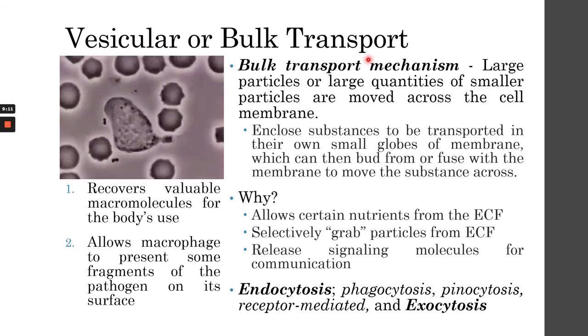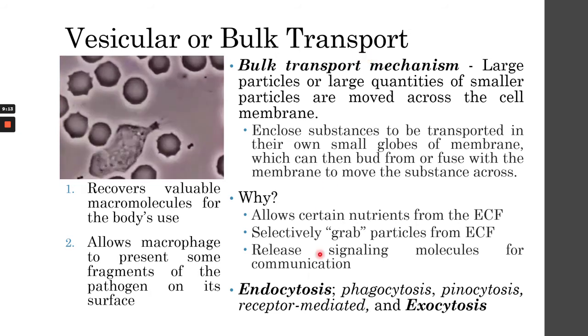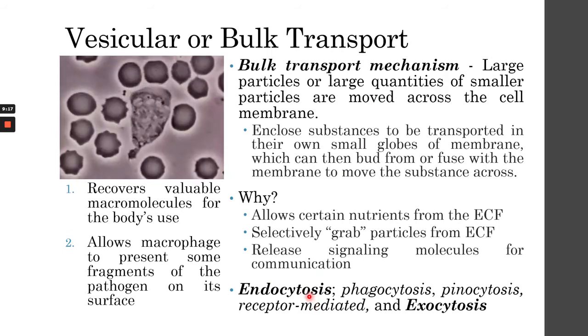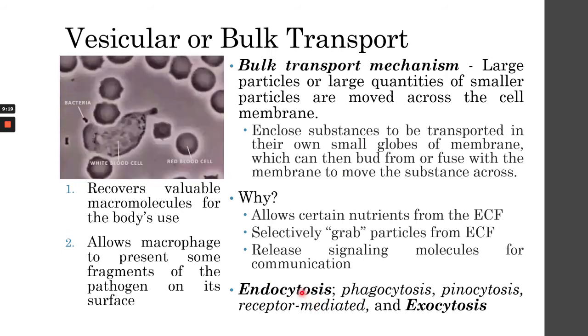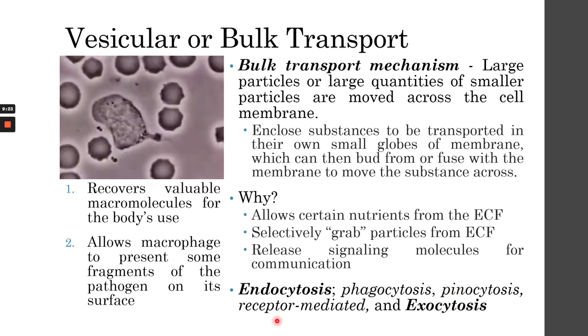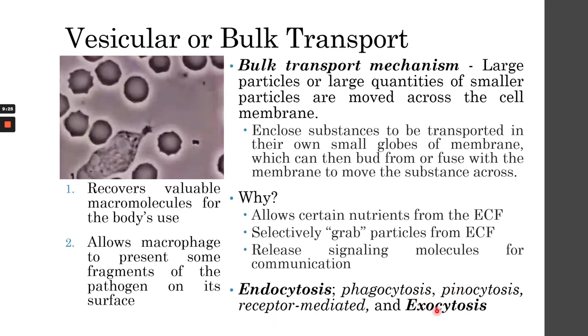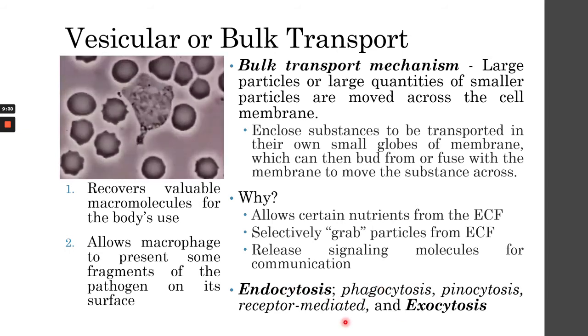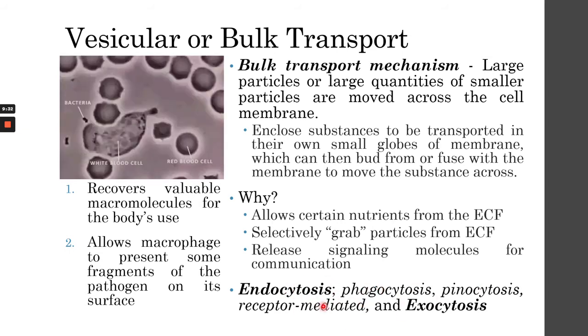And there are two types of vesicular or bulk transport. First is endocytosis. For endocytosis, we have three categories called phagocytosis, pinocytosis, and receptor mediated. And lastly, we have exocytosis. So we will be discussing the difference between each of these bulk transports.